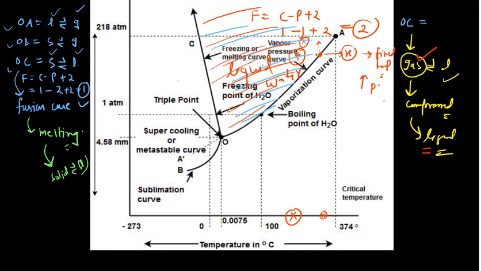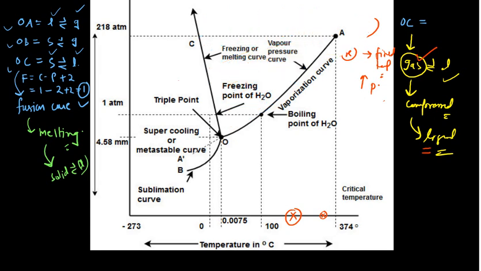That means you need to specify, if you are coming here, for example, let me delete it first. I hope you have understood this. Since I have calculated 2 degrees of freedom in this region, what is the meaning of that? Let us say I have selected this point. What would be the vapor pressure in that case?